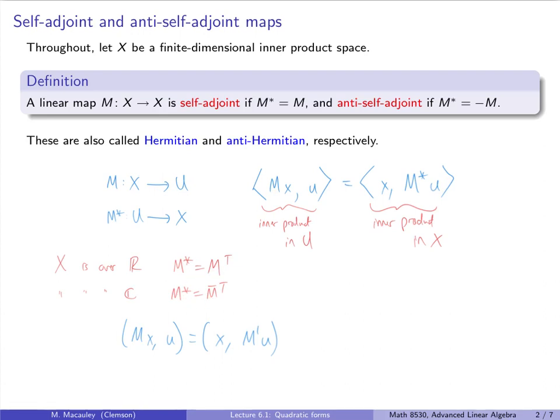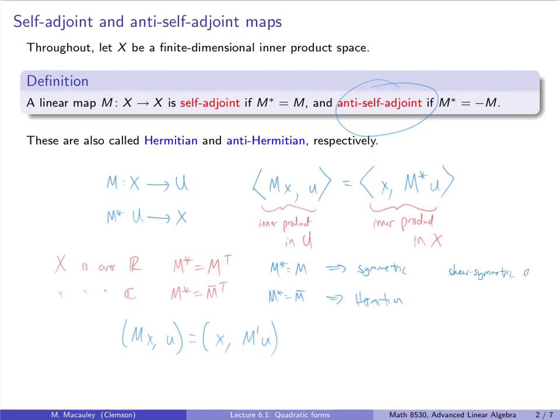So a matrix that is self-adjoint, when it's over R, M star equals M means symmetric. And over C, that means it's Hermitian. In other words, M star equals M bar. And then anti-self-adjoint, when it's over a real vector space, means skew symmetric.